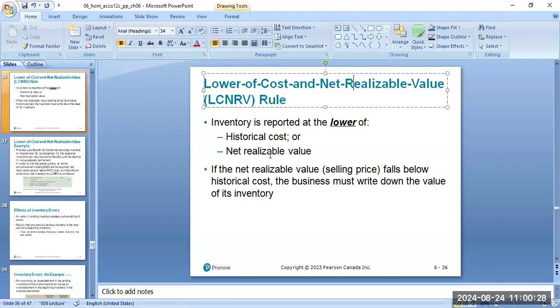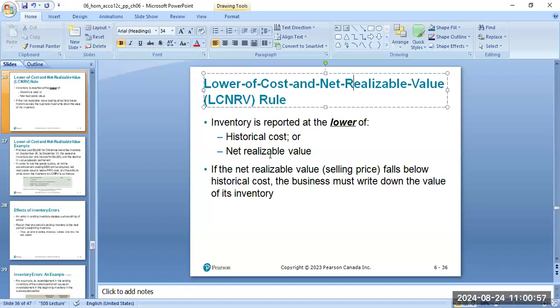Imagine you purchase your phone for $1,000. 6 months later, the market value of your cell phone, let's pretend you're running your own business, so you record it as an asset, or no, not a good example. Let's go with another example. Let's pretend that you're in the business of buying and selling cell phones.